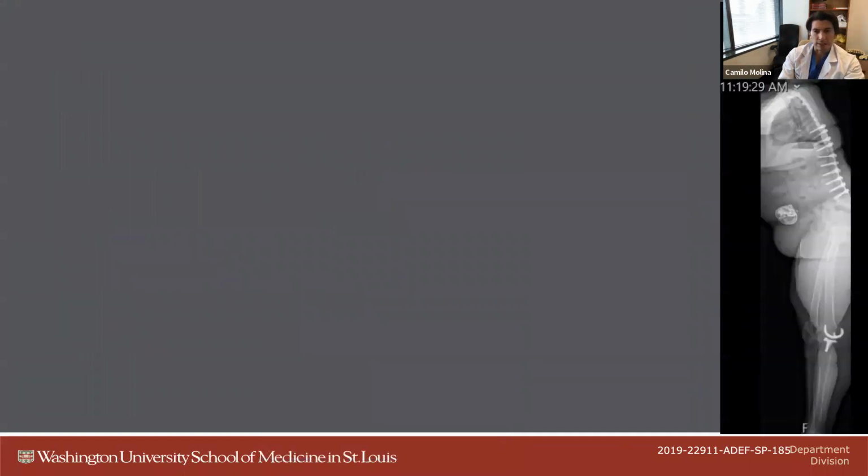And so when I see somebody like this, the surgical indications perhaps are not that murky. It's clear that this person has a severe iatrogenic fixed deformity. She has a solid rigid fusion, and she's standing with multiple compensatory mechanisms.